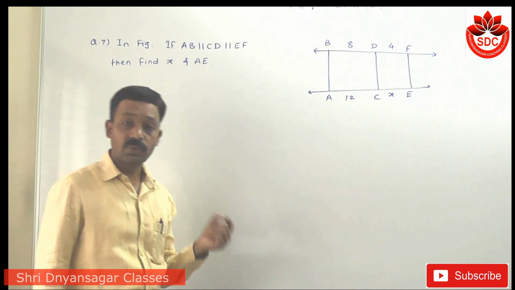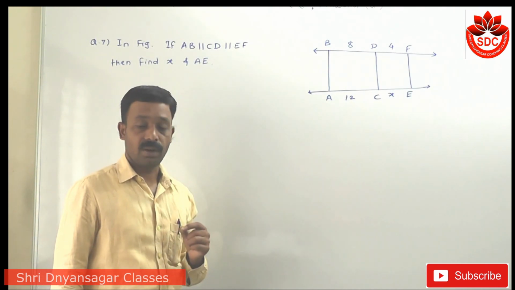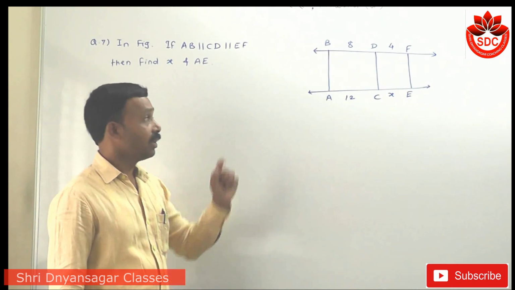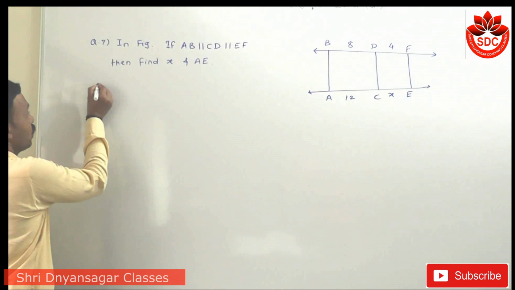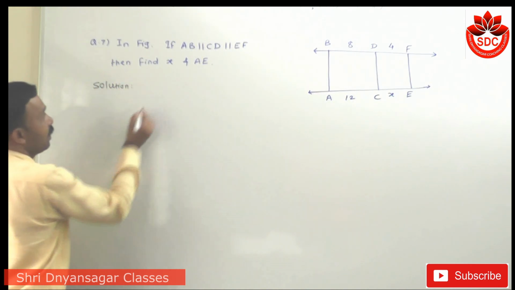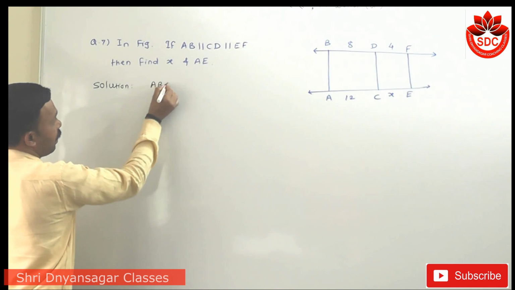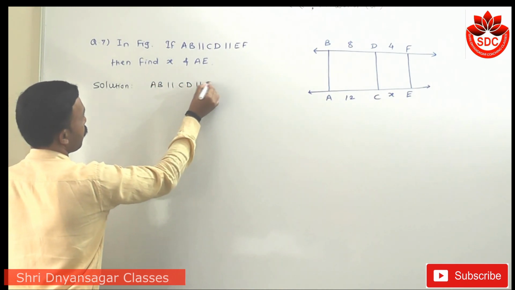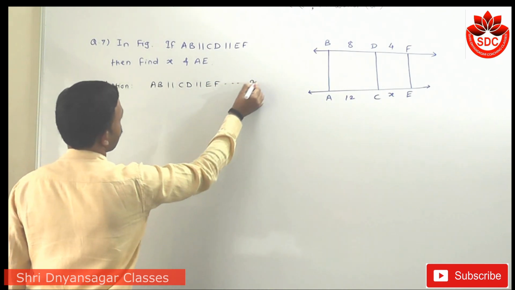This means that we use the property of three parallel lines and their transversals in our solution. These segments AB is parallel to CD is parallel to EF. This is given.